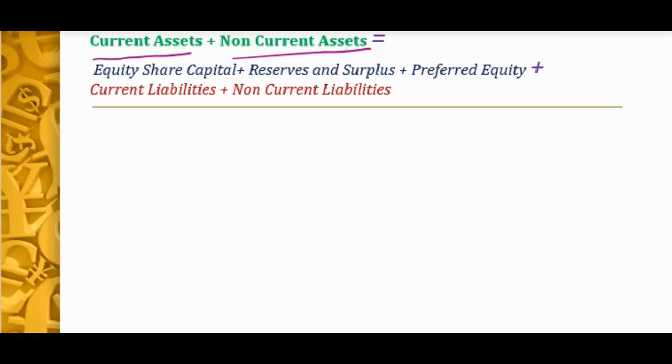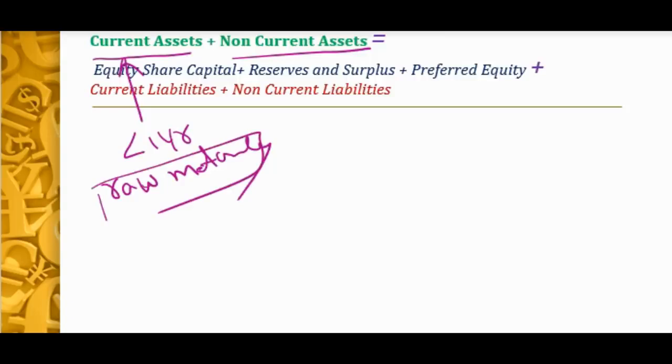Current assets are those from which you are able to generate cash in less than 1 year. For example, raw material or some kind of inventory, which you can convert into products and generate revenue from in less than 1 year. So we call it current assets.